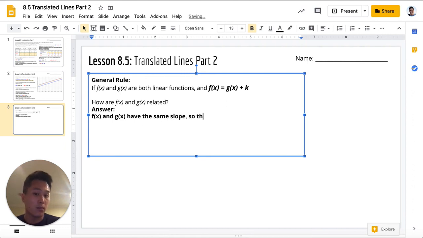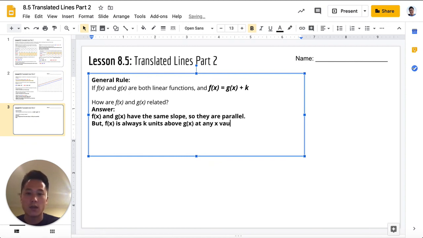If they have the same slope, they're parallel. But, right, if f of x is equal to g of x plus k, that tells us that we need to add k to g of x in order to get to f of x. So I can say that f of x is always k units above g of x at any x value.